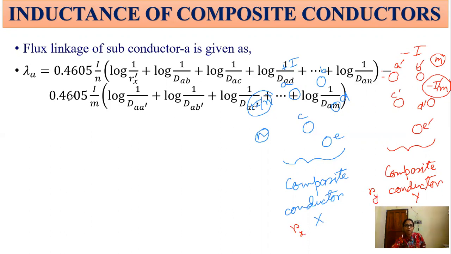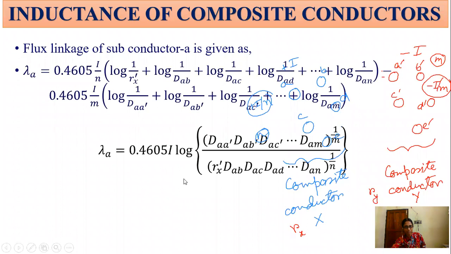Then it can be written as minus 0.4605 I by m [log 1 by DAA dash plus log 1 by DAB dash plus log 1 by DAC dash plus log 1 by DAD dash plus and so on up to log 1 by DAM dash]. This I got from the expression found in the last session, the generalized expression.